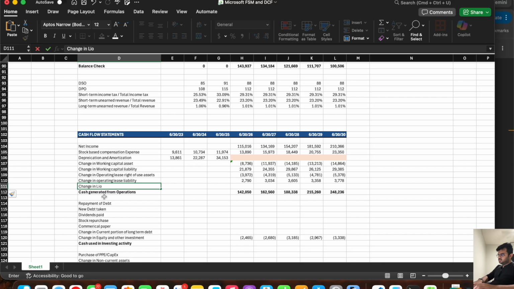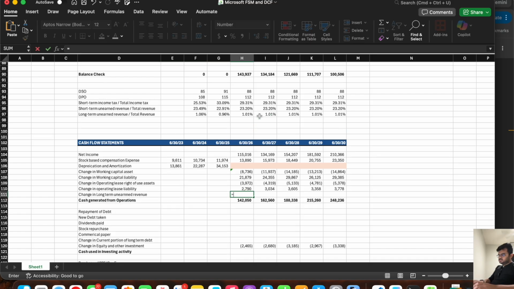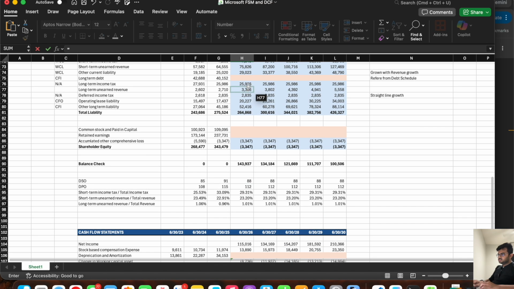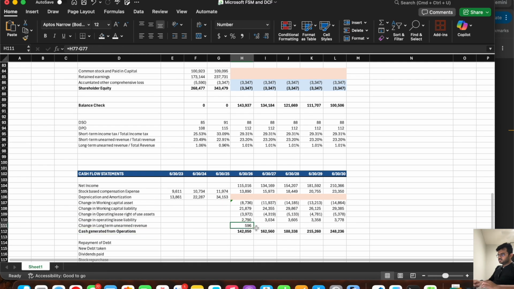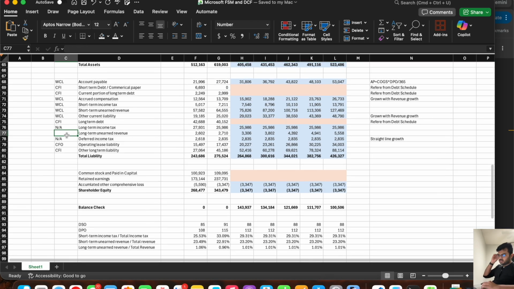Change in long term unearned revenue, which we will calculate first. Okay, so this went in cash flow from operation.